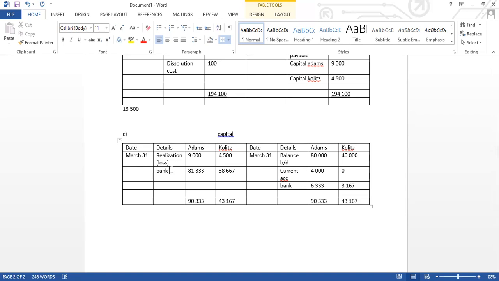They were actually not paid, but they received shares. That 120,000 was not in the form of money, it was in the form of shares. So that's why we are writing shares and not bank, because they did not get paid, they received shares. Do we all understand? Yes. Okay.